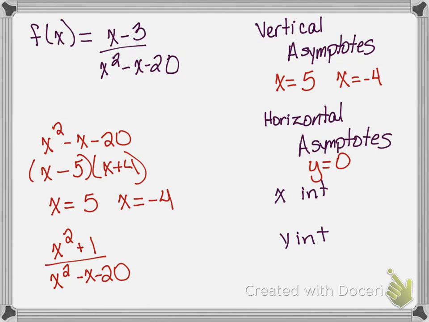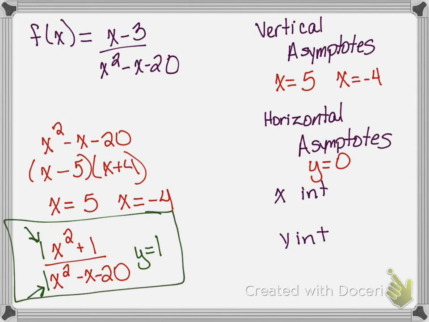In this situation, when my degrees are the same, then my horizontal asymptote is the relationship between my leading coefficient in the numerator and my leading coefficient in my denominator. That's when it's the relationship. In this situation, the degree of my numerator is less than the degree of my denominator. That's why my horizontal asymptote is y equals 0. This is when your horizontal asymptote is the relationship of the coefficients.